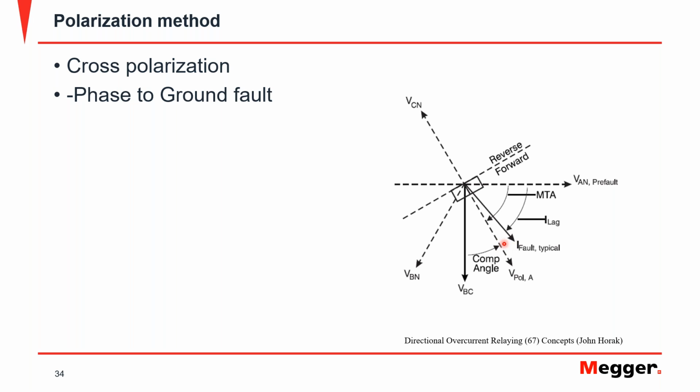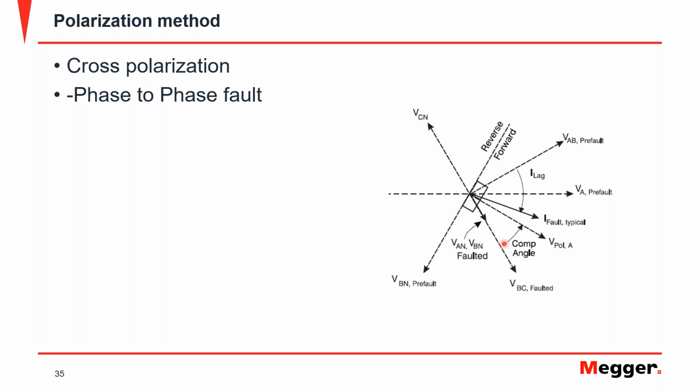and then, and only then, is the fault angle compared to make the directionality decision. For phase-to-phase faults, it's similar, but instead of using the VBC, we can use either of the faulted phase voltages, or we can use the VAB voltage, or we could use the VCN voltage, which is one voltage that was not affected by the fault.